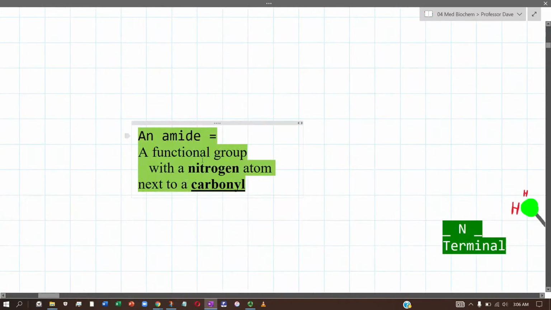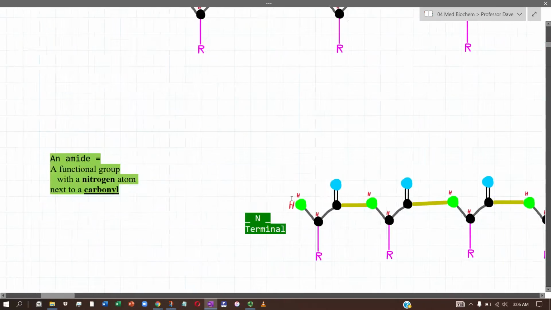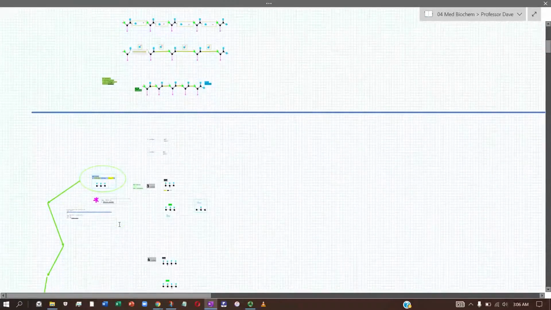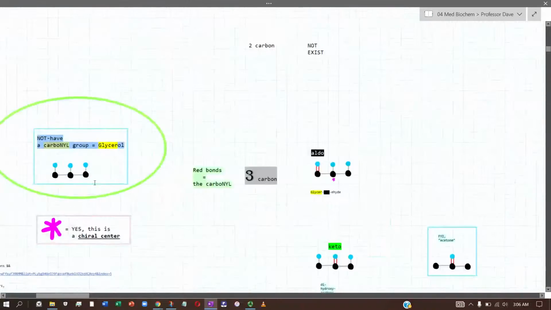An amide is a functional group with one nitrogen atom next to a carbonyl. There you go. So that is all of the information that I thought was relevant for this course, all the information relevant to proteins. So now let's move on to the next thing, carbohydrates.